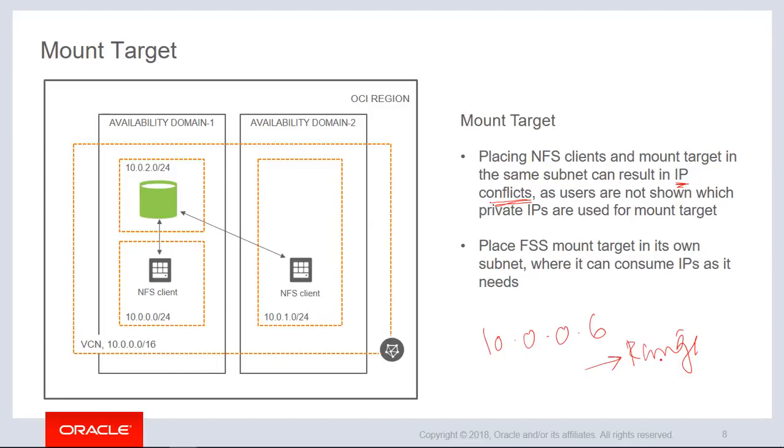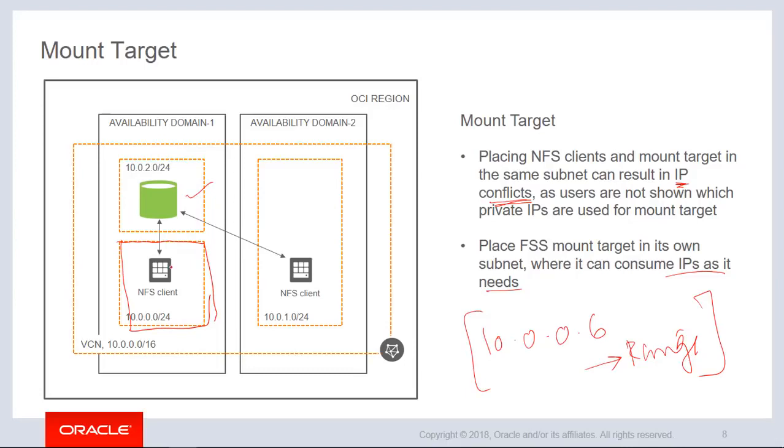So it's a good idea to have a separate subnet for the mount target and a separate subnet for your NFS clients, as you see here. Placing FSS mount targets in their own subnet helps them consume IPs as needed. So you don't really have to worry about it consuming IPs from your other subnet.